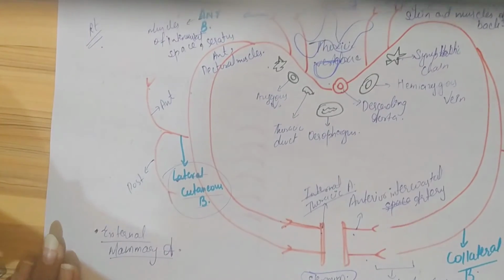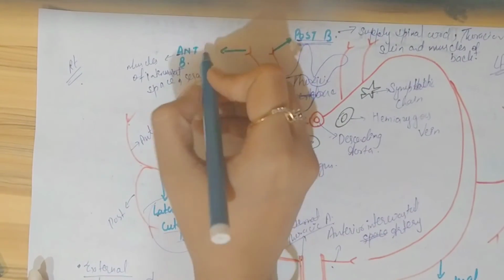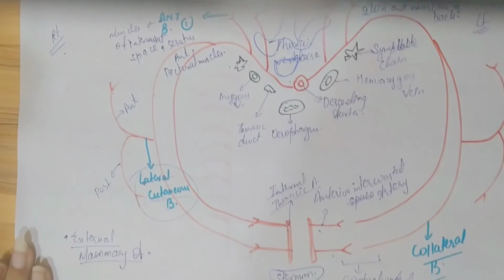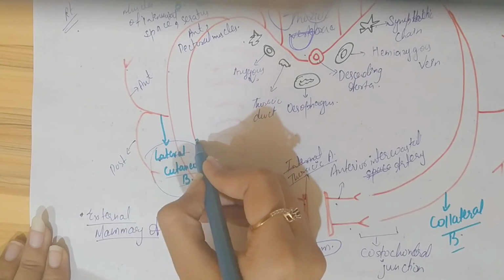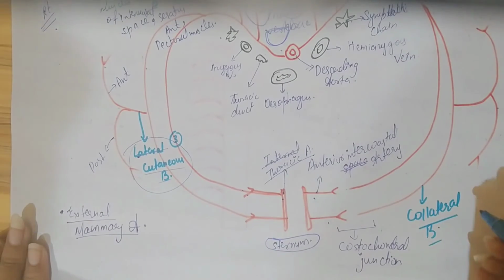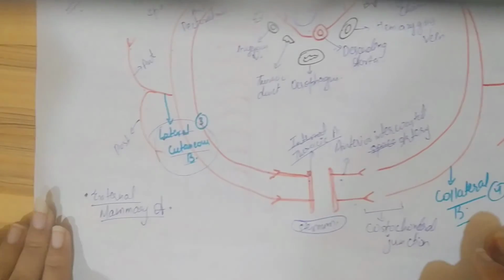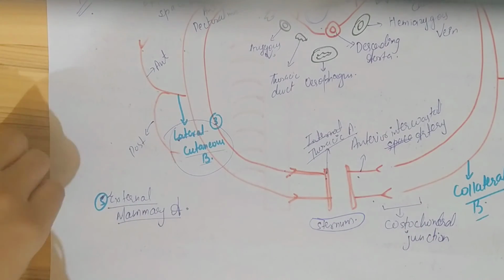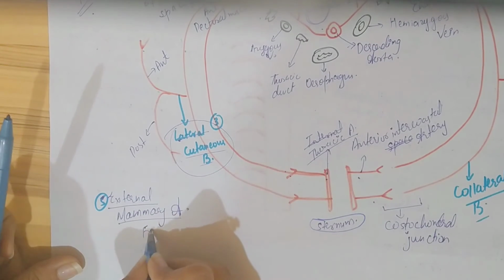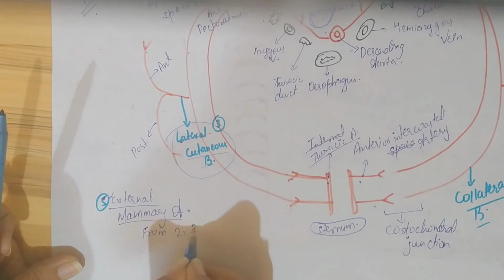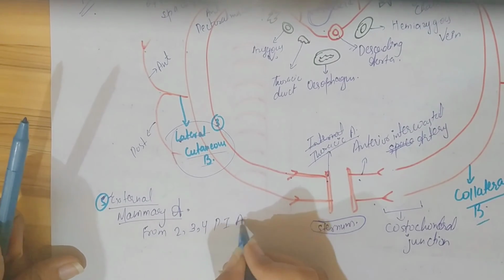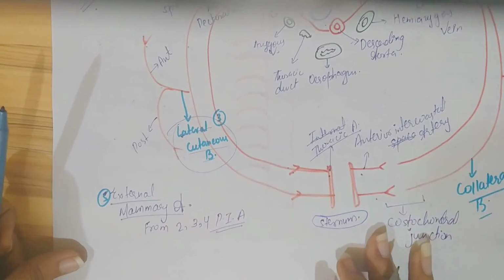Let me number all these branches first. First one was the anterior branch, second was the posterior or dorsal branch, third was the lateral cutaneous branch, the fourth was the collateral branch, the fifth is the external mammary artery that arises from the second, third and fourth posterior intercostal artery, PIA.